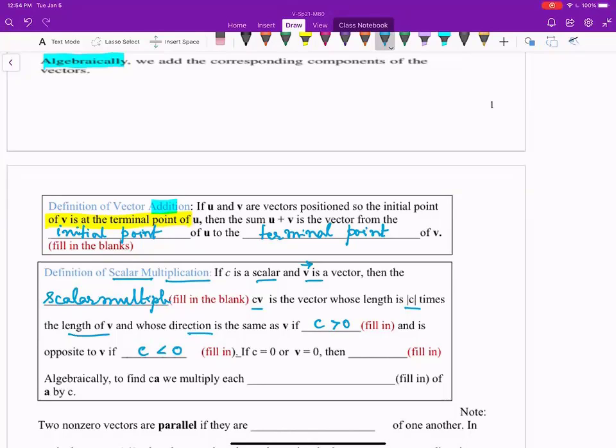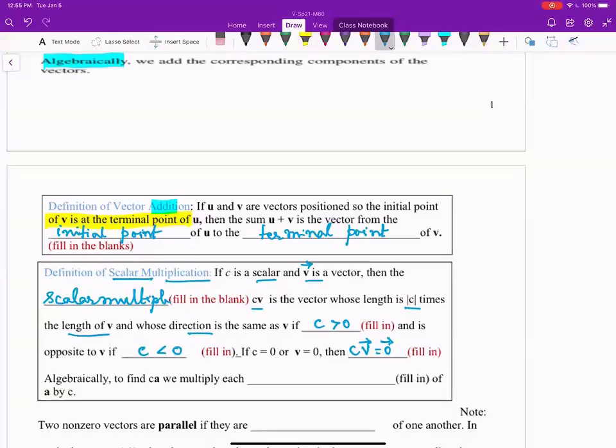If C equals 0 or V equals 0, then CV would be equal to the 0 vector.